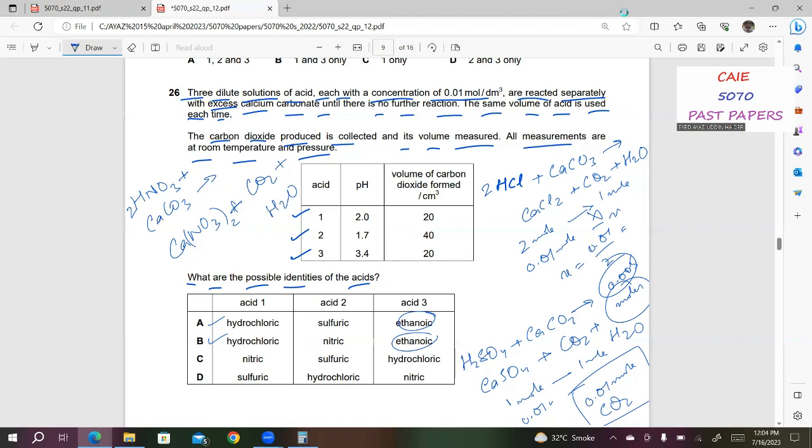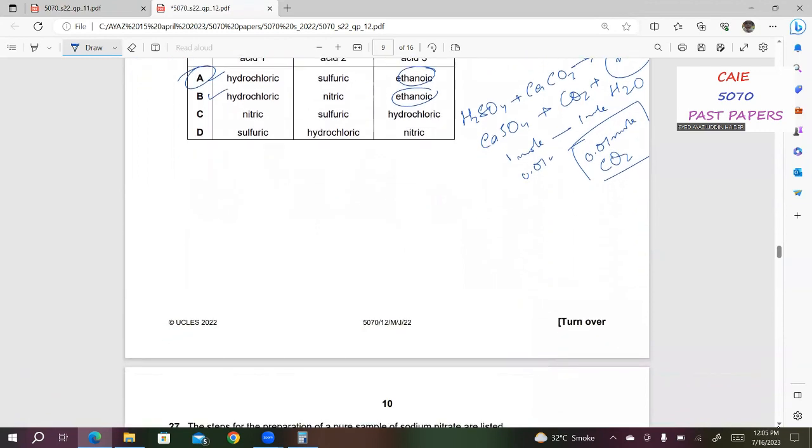If you look at this, 2 moles produce 1 mole of carbon dioxide, just like hydrochloric acid. So it means the amount of carbon dioxide produced will be 0.005 moles, which is the same as in acid 1, that is hydrochloric acid. So we must have acid 1 as hydrochloric acid, acid 2 as sulfuric acid, and acid 3 is ethanoic acid. This is the right choice for this question.